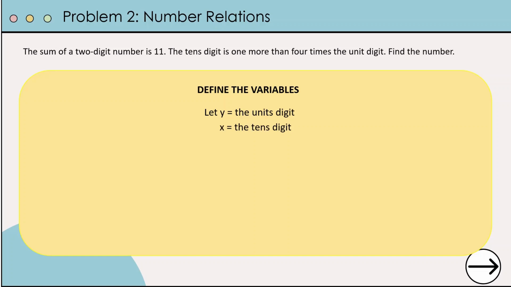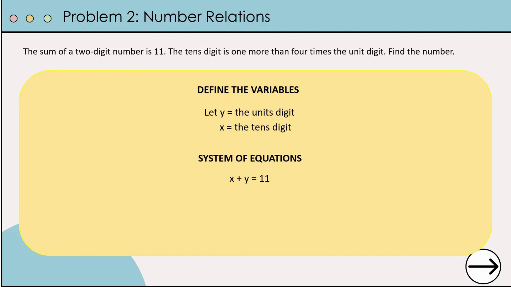After defining the variables, let's establish our system of equations. From the first part of our problem, it says that the sum of the digits of a two-digit number is 11. Meaning, if we add x and y, we get 11 as the result. Therefore, our first equation will be x plus y equals 11.